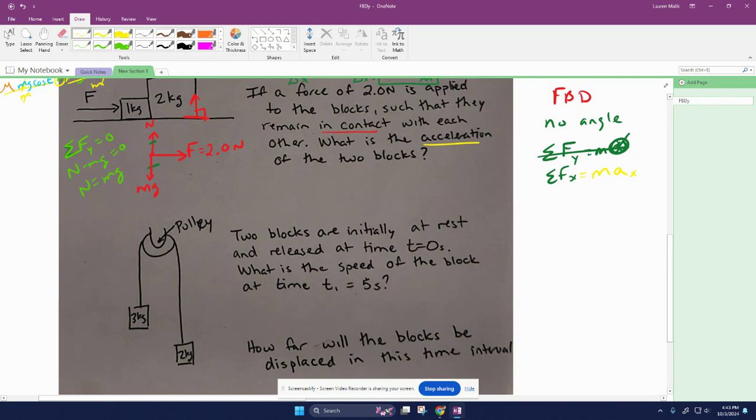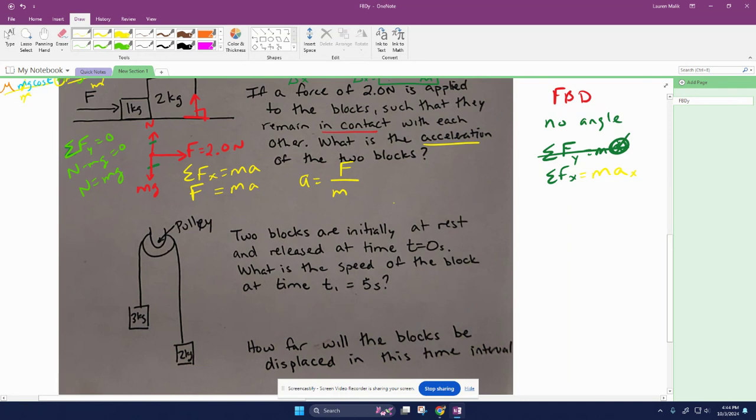Okay? So in the x direction, we have mass and acceleration, and that mass and acceleration is equal only to our 2 newton force. Which means that our acceleration is really our force of 2 newtons divided by the mass, okay? What mass is that 2 newtons moving?